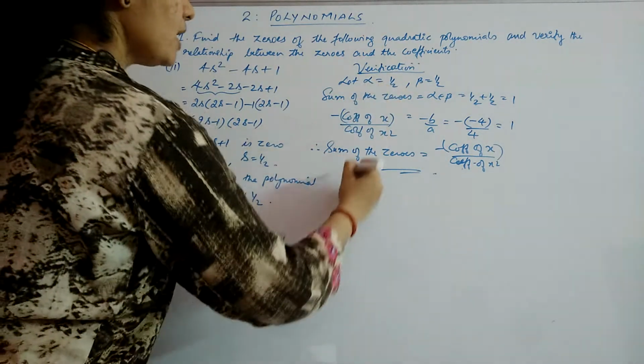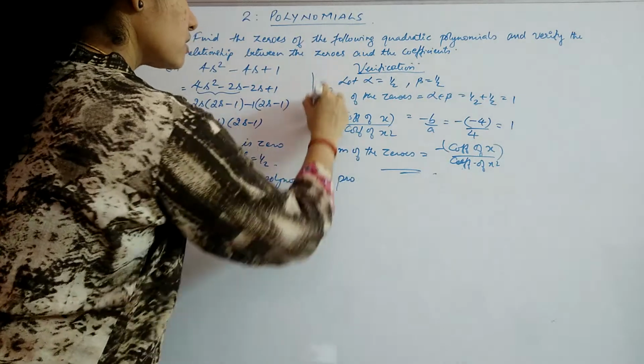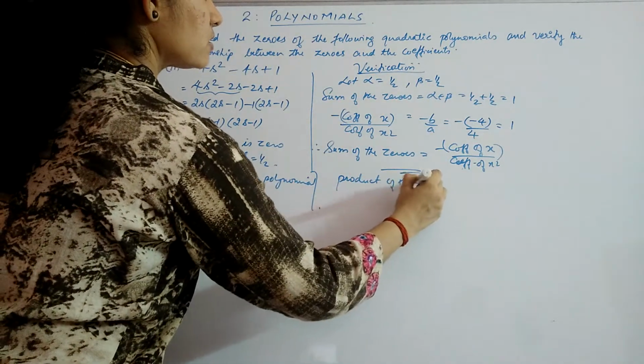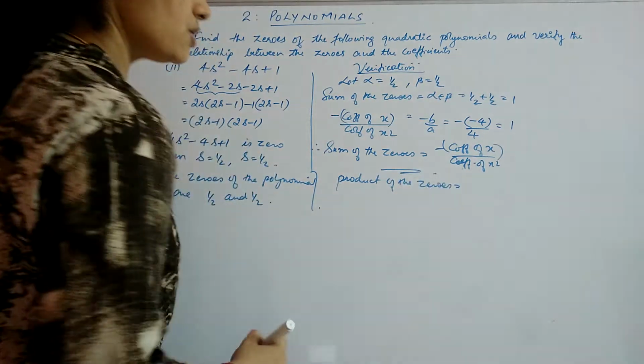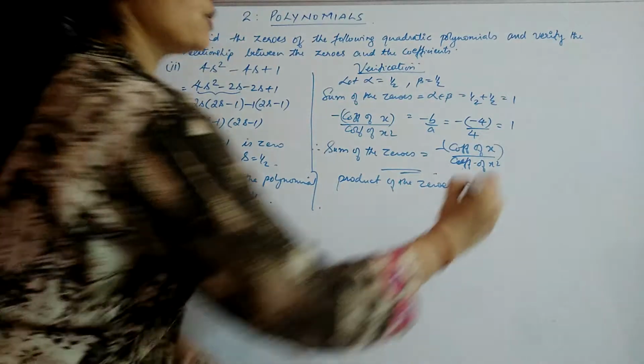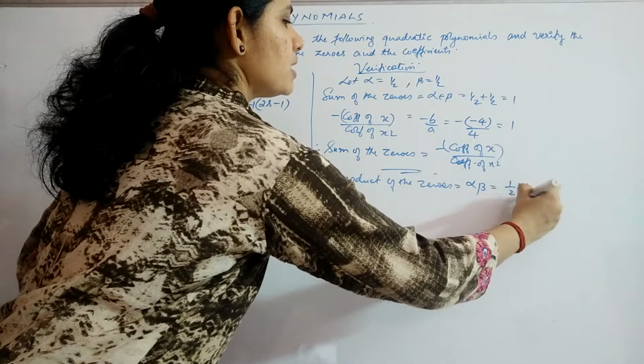Okay. Now we have to check for the product of the zeros, which is alpha beta. Alpha is 1 by 2, beta is 1 by 2, so your product is 1 by 4, right?